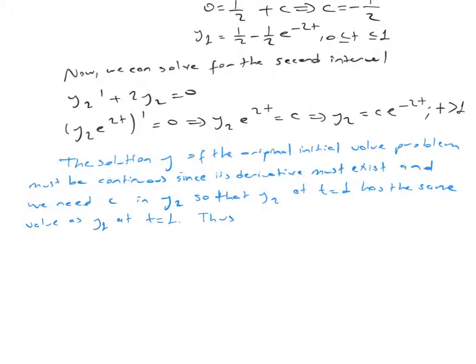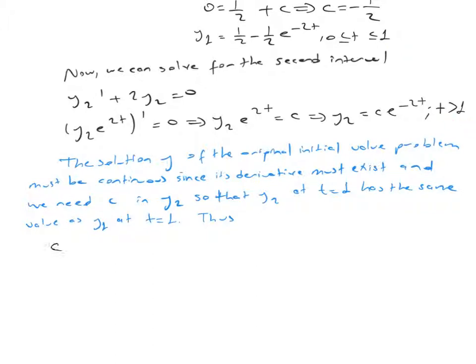Thus y2, which is c times e to the minus 2t, must be equal to y1, which is 1 over 2 minus 1 over 2 times e to the minus 2t at t is equal to 1.